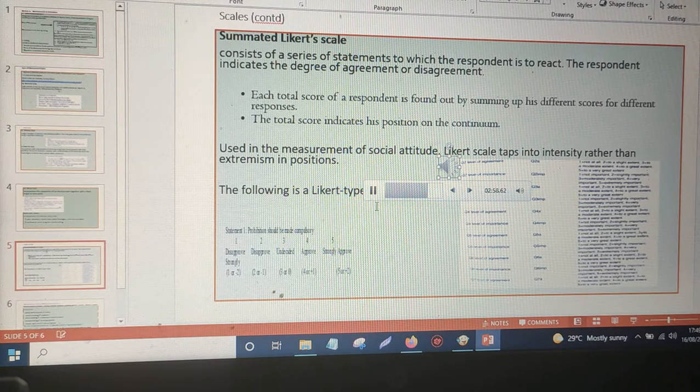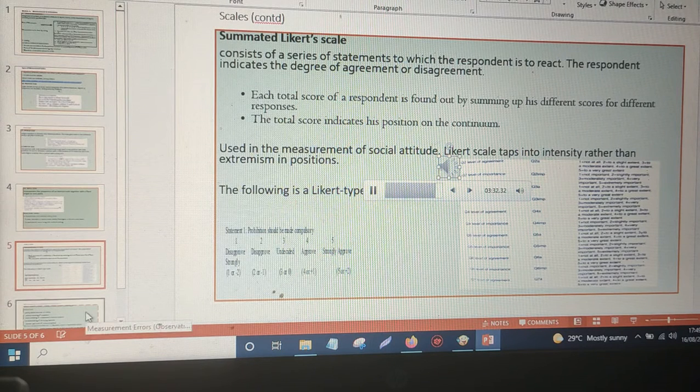The same way, approve is less intense than strongly approve. So it measures intensity rather than the positions 1, 2, 3, 4, 5. No, it doesn't measure positions as such. It measures intensity in the attitude or in the opinions, so that at the end of the day they are aggregated to know the total score that will indicate the respondent's position.